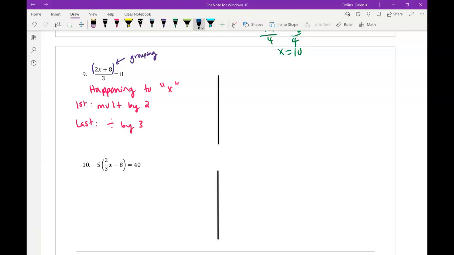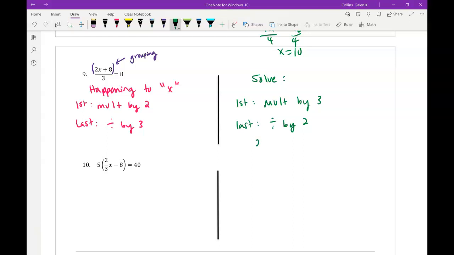So when we go to solve, we said we're going to undo what is being done to x using the opposite order and inverse operations. So the first thing I would probably do is multiply both sides of the equation by 3. And the last thing we'll end up doing is divide both sides of the equation by 2.